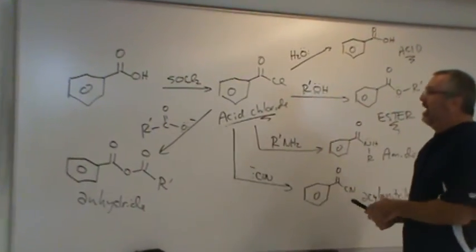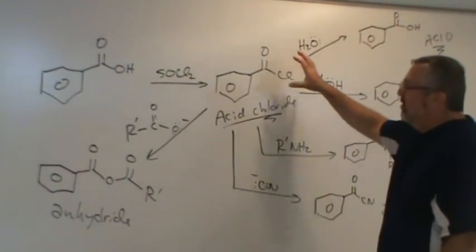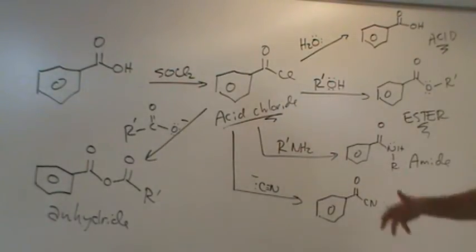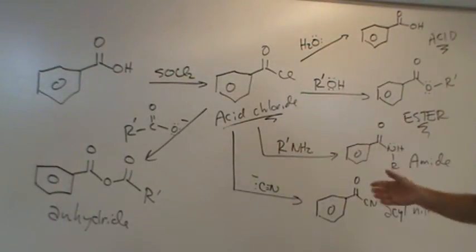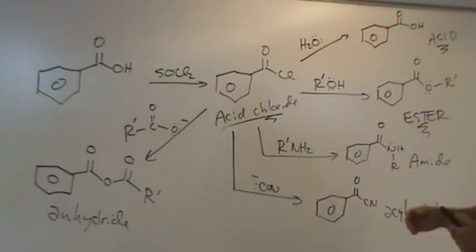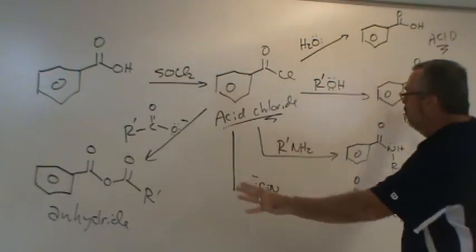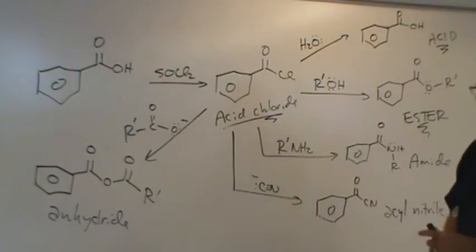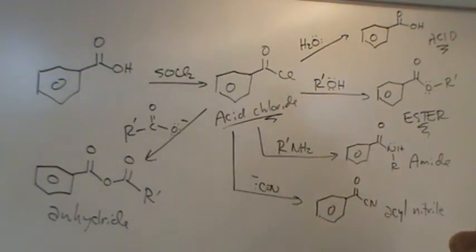They don't work because the amide doesn't have a good leaving group and it's not nearly as reactive as the acid chloride. Likewise, if we converted it to an ester, several of these reactions wouldn't work. If we converted it to an anhydride and tried all these reactions, we'd probably get most of them to work because the anhydrides are a bit more reactive. But far and away, the easiest way to produce all of these acyl derivatives is to first produce the acid chloride. Now, we're going to look at the mechanism of several of these reactions.